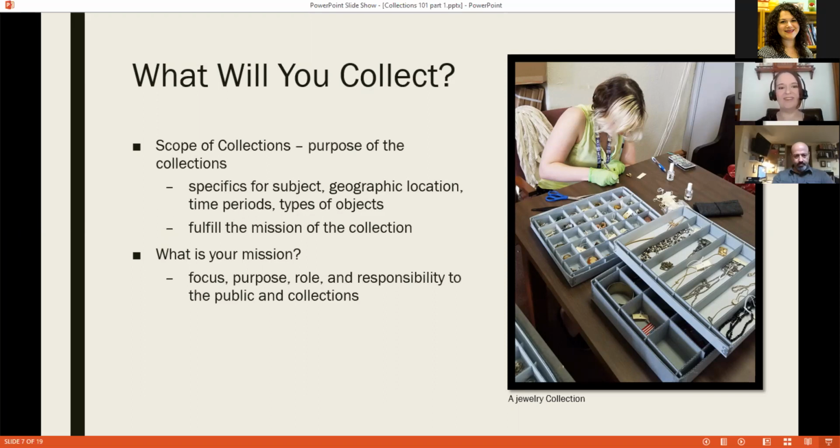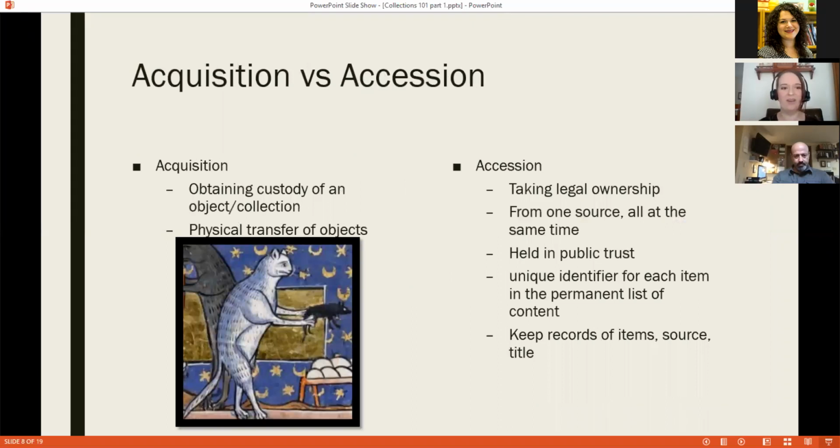So something I've run across a lot, myself included, is getting confused over acquisition versus accession. A lot of times these words are used interchangeably and they're not the same thing. Acquisition is the physical obtainment, like somebody's giving you an item. You have now acquired this item. And then accession is taking legal ownership.